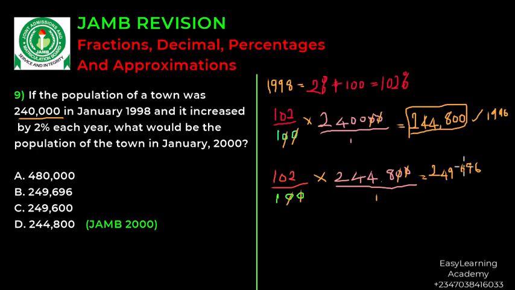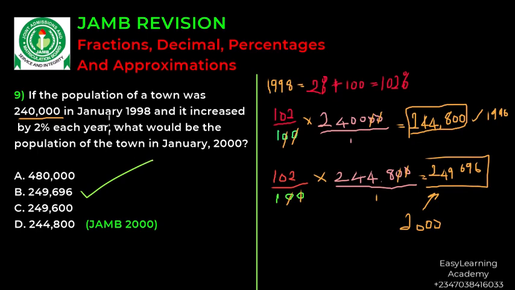So this will be the new population for the year 2000. The town is going to have a population of 249,696. Coming to our options, the option that has that is option B. So option B is the correct option.